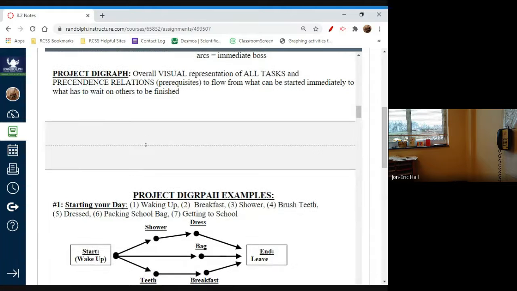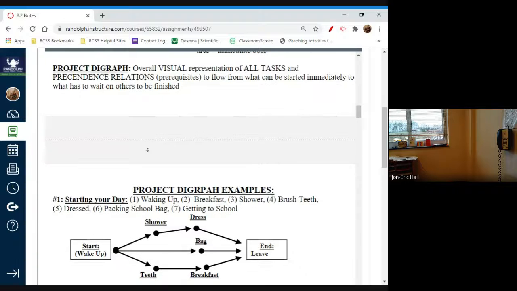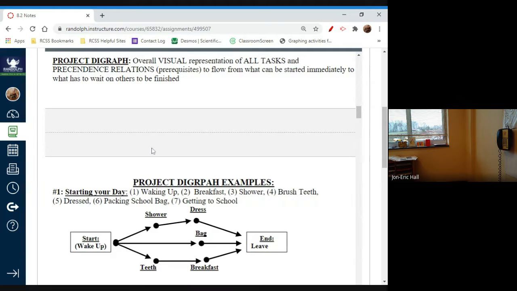I just kind of blurted all that out at one time. So that's probably confusing. But if you were to do this as a schedule and you were very particular about the way that you do things, and you started your day, right? And this is on the back side of your first page. And you started your day waking up, breakfast, shower, brush teeth, dress, packing school bag, and getting to school.